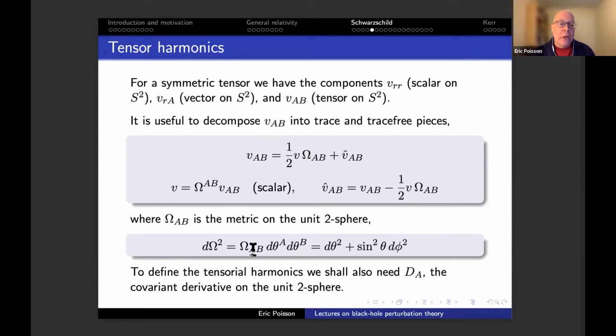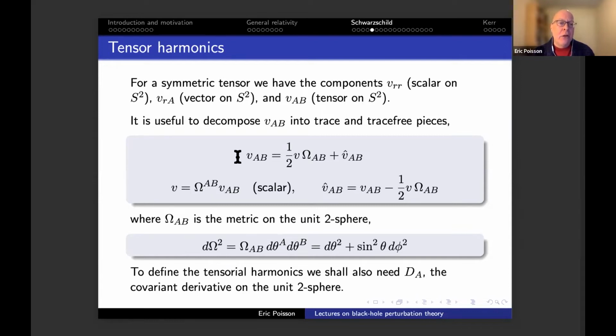So this is the metric on the sphere. This is the inverse metric on the sphere. And by definition, according to this attitude that we have where we distinguish the sphere above everything else, calculating the trace of a tensor will just be multiplying the tensor with the inverse metric.